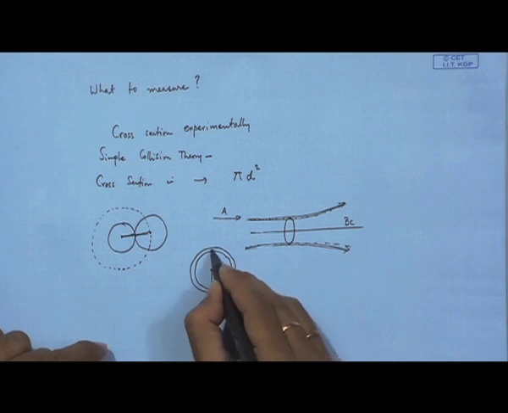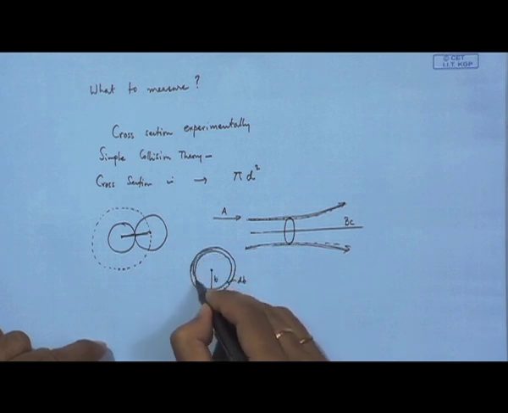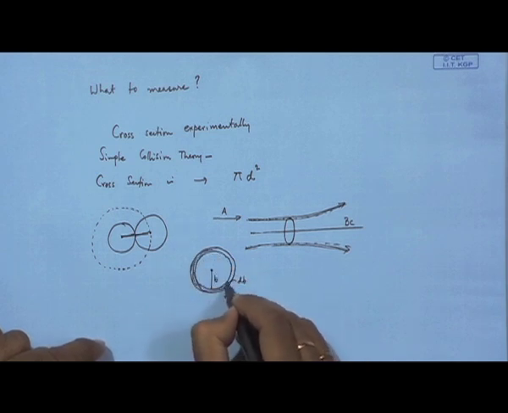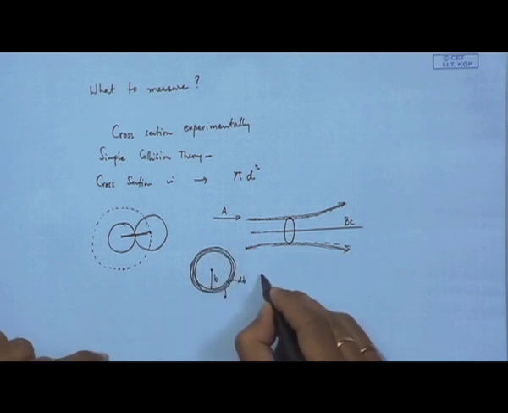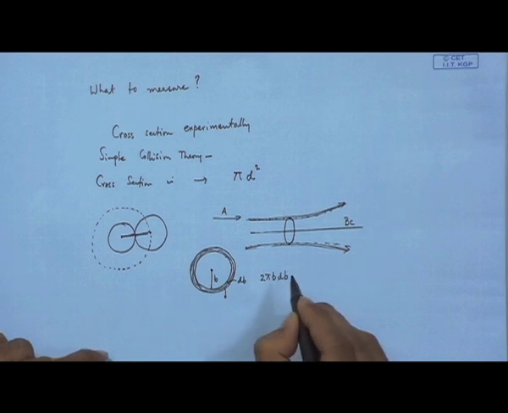So, this area between the two concentric circles, this area will be 2 pi b dB. Now, what is this B?